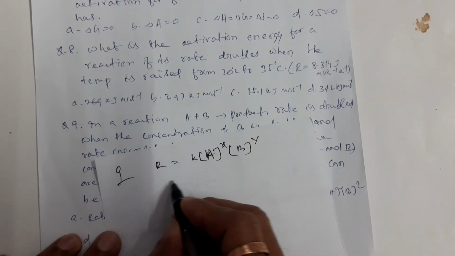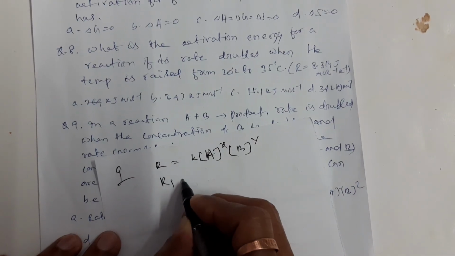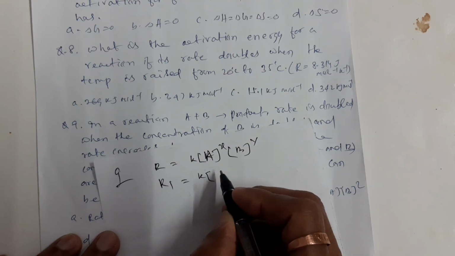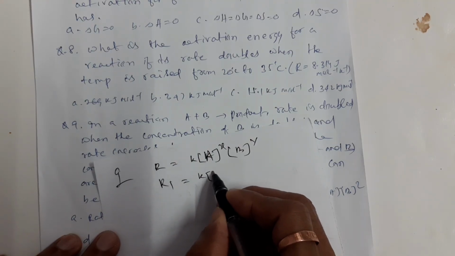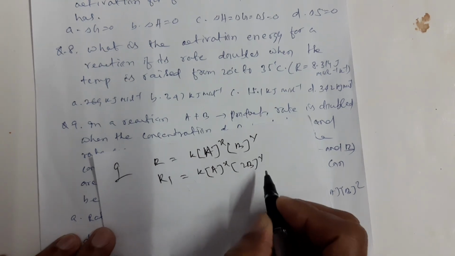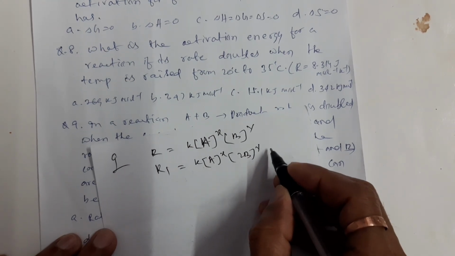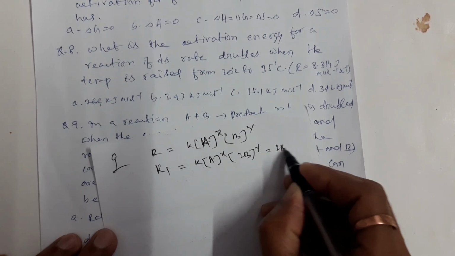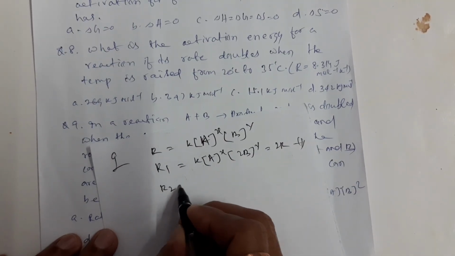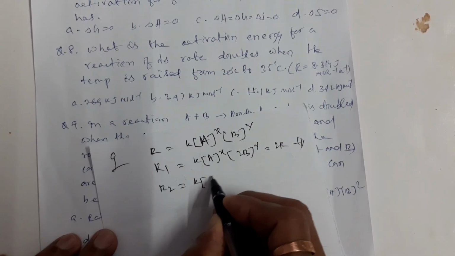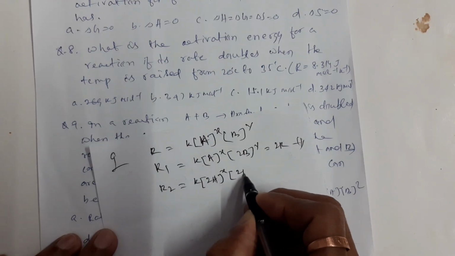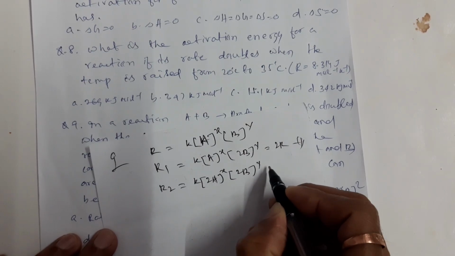So the rate is doubled, K, how? By taking B as 2B, so A remains as usual, 2B to the power y. This is doubled, 2R. This is equation 1. When you take R2, K, both are doubled, 2A to the power x and 2B to the power y.